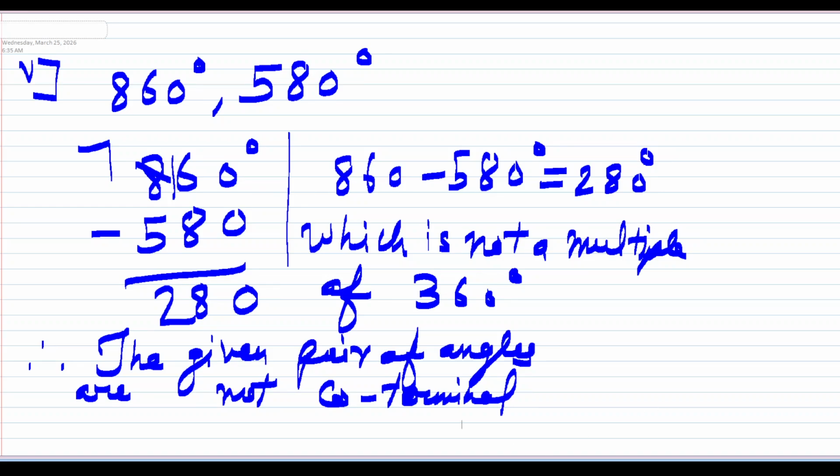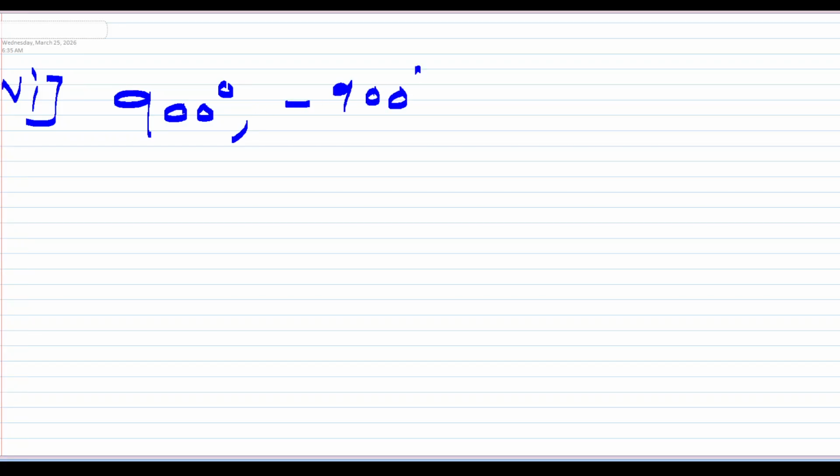Last example of this type is example number 6: 900 degree and minus 900 degree.